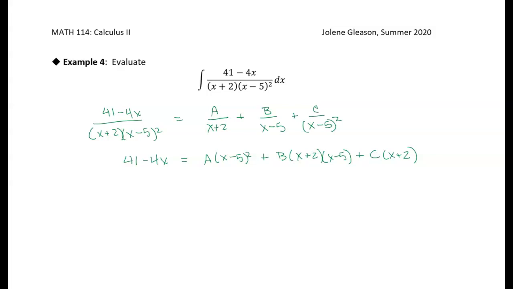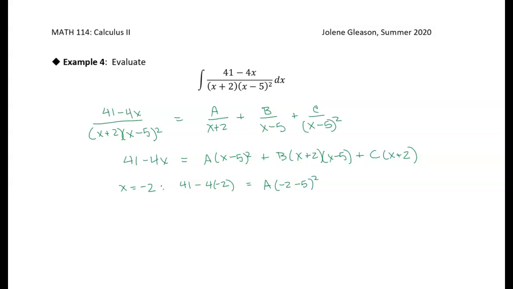It looks like I'm just going to start with x equals minus 2. If I want to solve for A, that'll cause the second two terms to go away. So I'll end up with 41 minus 4 times minus 2 is equal to A times minus 2 minus 5 squared.